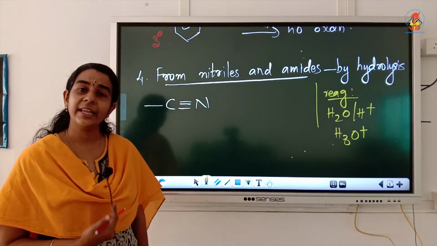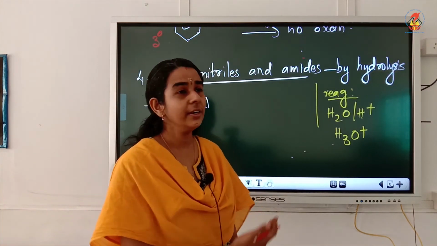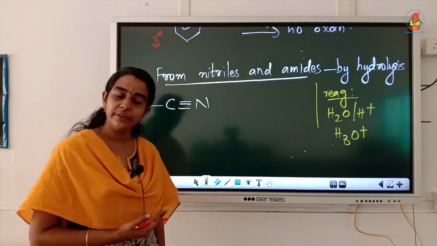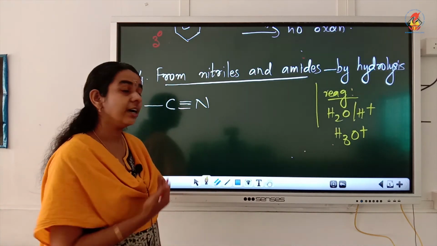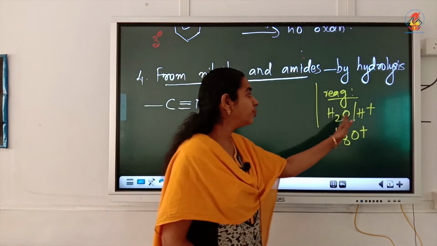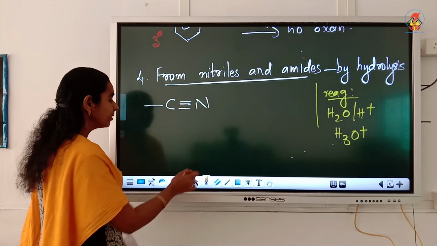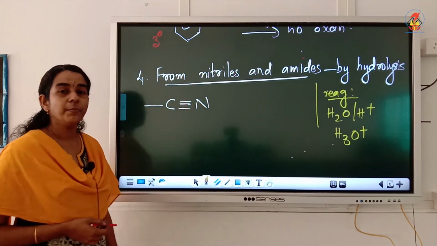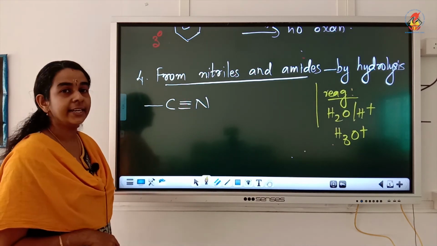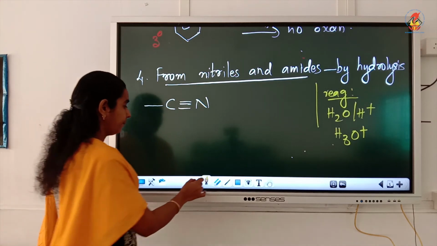Since we are preparing carboxylic acids here, it is better to use acidified water itself. So the reagent is represented as H2O, H plus, or H3O plus. So we can prepare carboxylic acids from cyanides by hydrolysis.